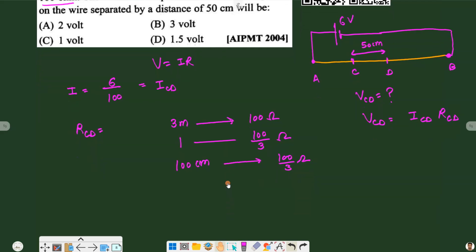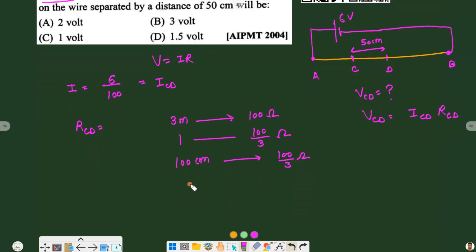Now in 1 centimeter, it will be 100 by 3 by 100 ohm, and in 50 centimeter resistance will be 1 by 3 multiply 50, or 50 by 3 ohm. So resistance of this CD part will be 50 by 3 ohm.